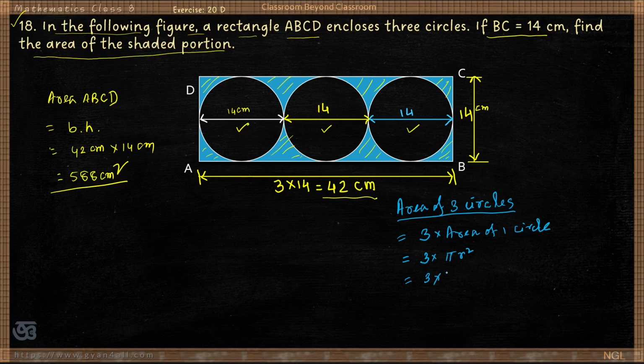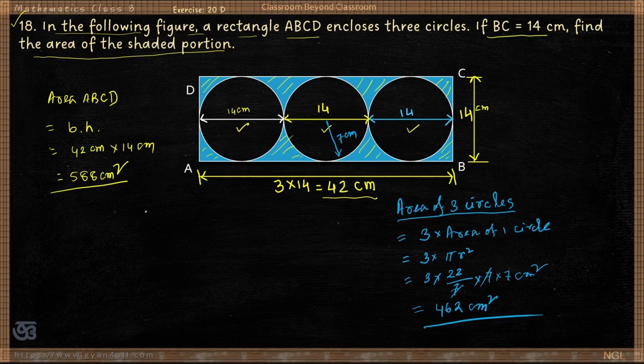3 multiplied by π equal to 22 divided by 7, and the radius of the circle is 7 centimeter. So this multiplied by 7. So this is equal to 7 multiplied by 7 centimeter square. 7 gets cancelled. This is equal to 462 centimeter square.